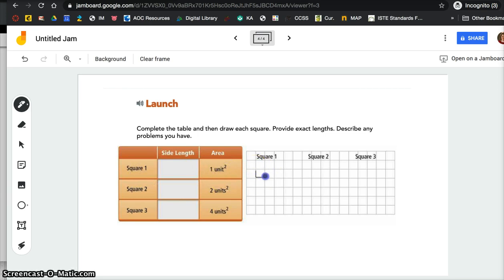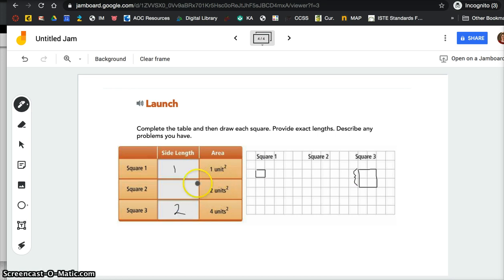It would be like this, and one side length is 1 unit. Then for square 3, it wants 4 square units. Because this is going to be a square, we need to draw it like this. It's going to be 4 square units, and one side length, like this side right here, is 2 units long.